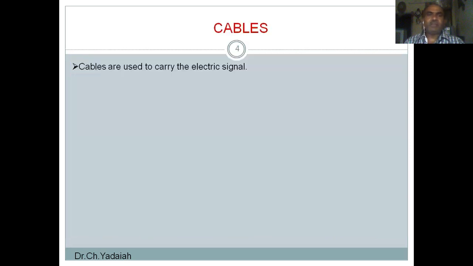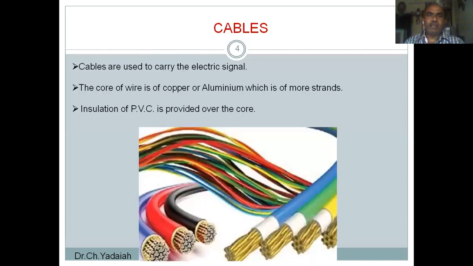Let us see what we mean by cables. Cables are used to carry electrical signals, which may be AC as well as DC. The core of the wire is copper or aluminum, with single strand or multi strands. Single strand can be used only for low voltage purposes. Multi-stranded conductors are used for high current rating as well as high voltages, for flexible operation.